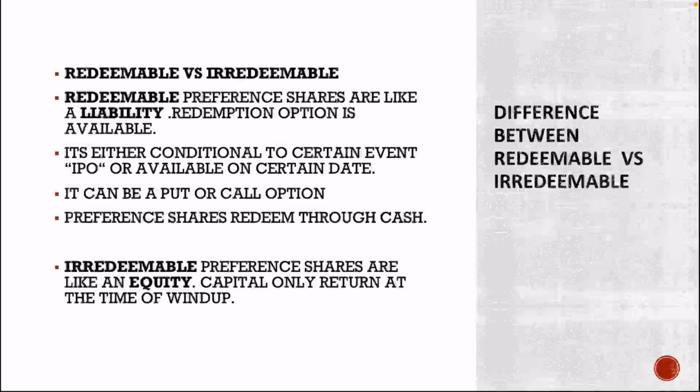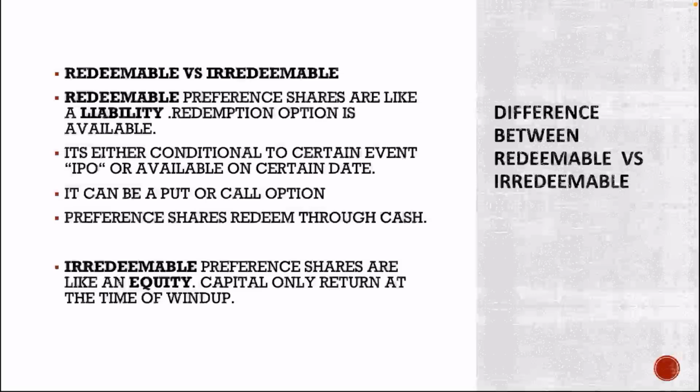Redeemable capital has an option of redemption. During the ongoing business, you can exercise the redemption option on a certain date. It is clearly given that on a certain date or on a certain condition, you can exercise the redemption option.